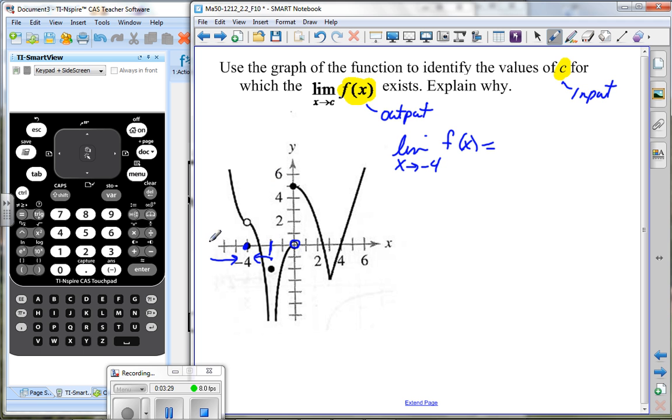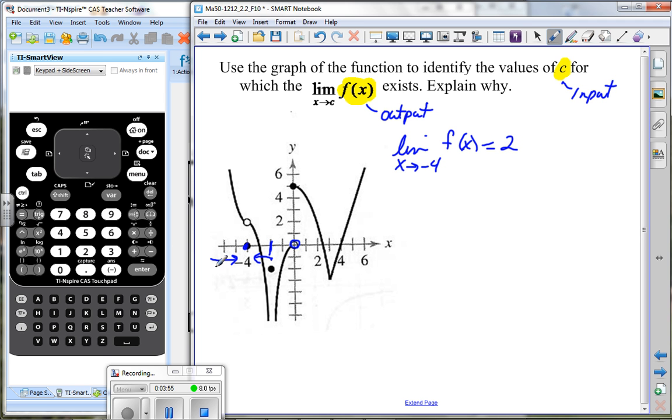As I come up to -4 on the less than -4 side, where are the outputs going? To +2, aren't they? If I come up from the greater than -4 side, where are the outputs going? To +2 also. So is there a limit as we approach -4 from both sides? Yeah, it happens to be 2.